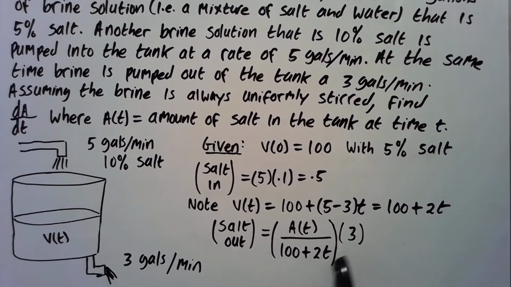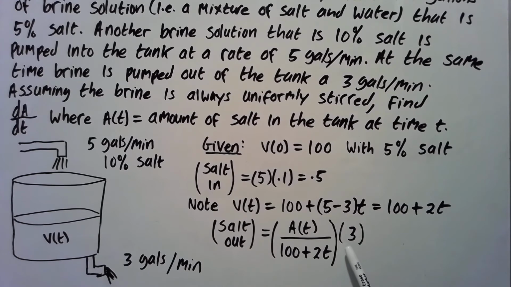So here's a formula I wrote here. Let me explain how I got this. The top part is telling you how much salt is in the tank at time t. Then you're dividing it by the volume at time t. So this will give you the salt divided by volume, so it'll be salt per gallon.